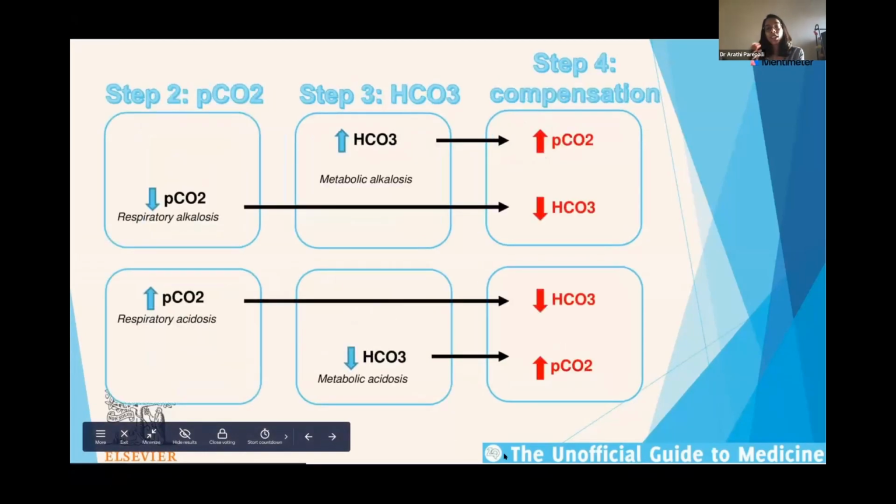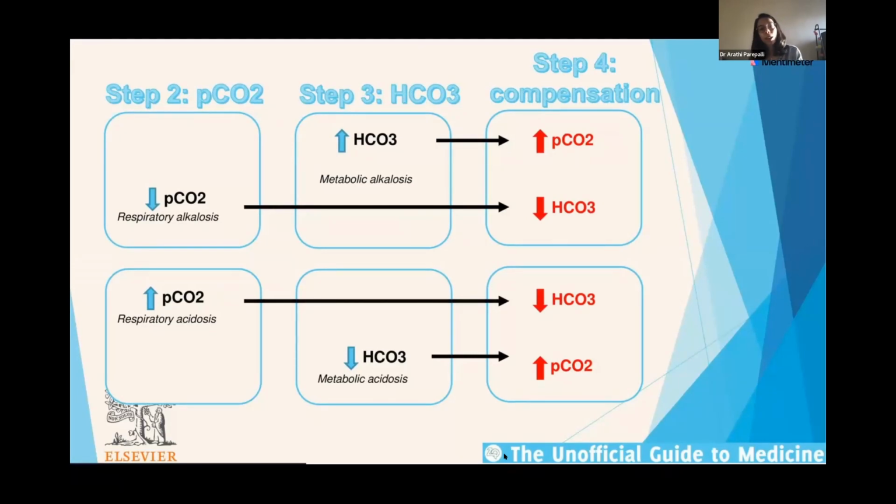And then we can go on to think about compensation. Like I said, pH is your first step, and then you go on to look at PCO2, then bicarb level, and then compensation. Compensation is what your body does to manage the acid-base disturbance as a result of, say, respiratory alkalosis or metabolic acidosis, to bring its pH back to a normal level.